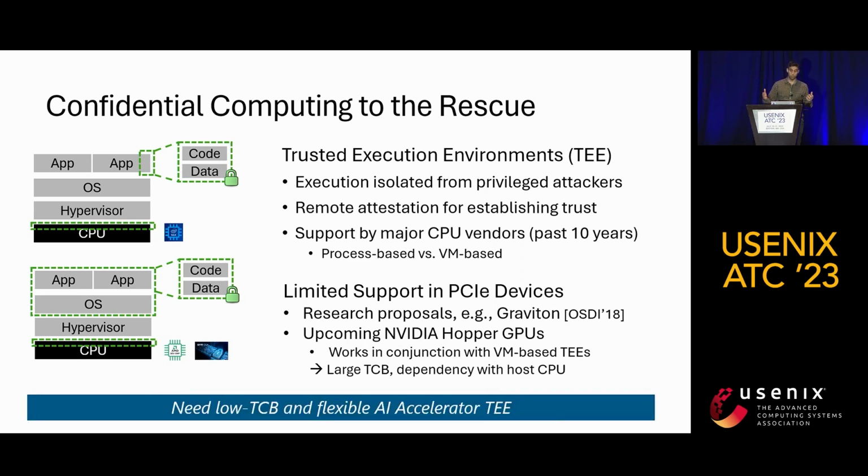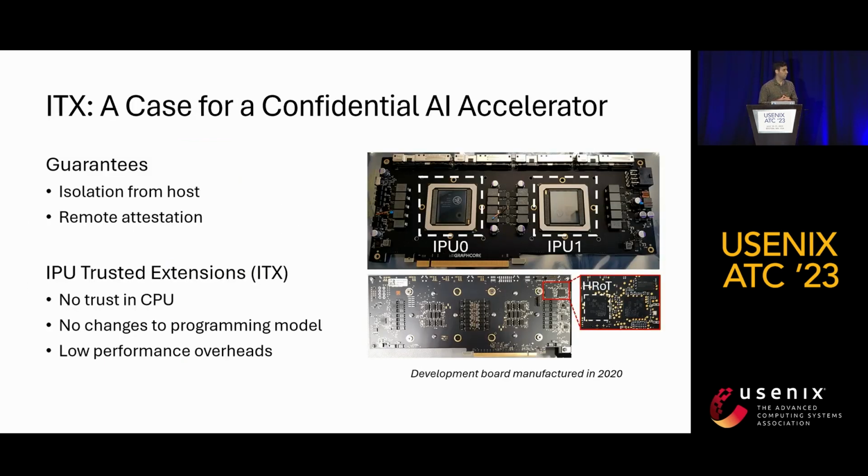So we really want to provide a solution to this. We want to design a low-TCB TE that allows the tenant to decide whether they want to trust the CPU or not. And this is what we built in 2020. I'm showing here the development board we built, which we manufactured using TSMC 7 nanometers.